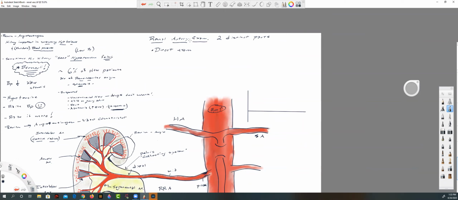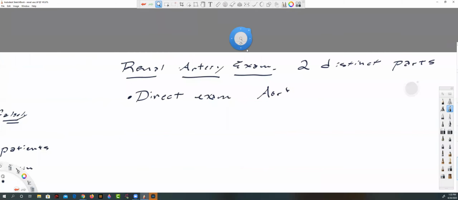The renal artery exam is in two distinct parts. There's the direct exam, which looks at the aorta and renal artery.